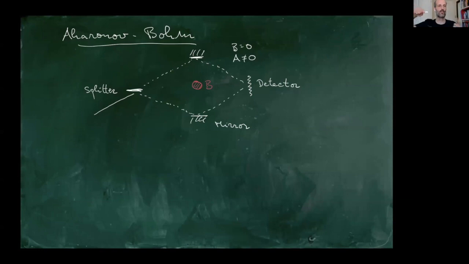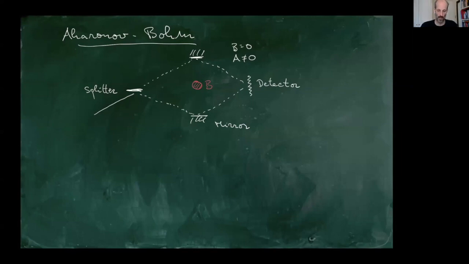And this, just by Stokes' theorem, is equal to the integral of the magnetic field inside. Whichever way you choose your A, the integral of A along a loop that encloses your magnetic field will always be equal to the magnetic flux inside that loop, just by Stokes' theorem.